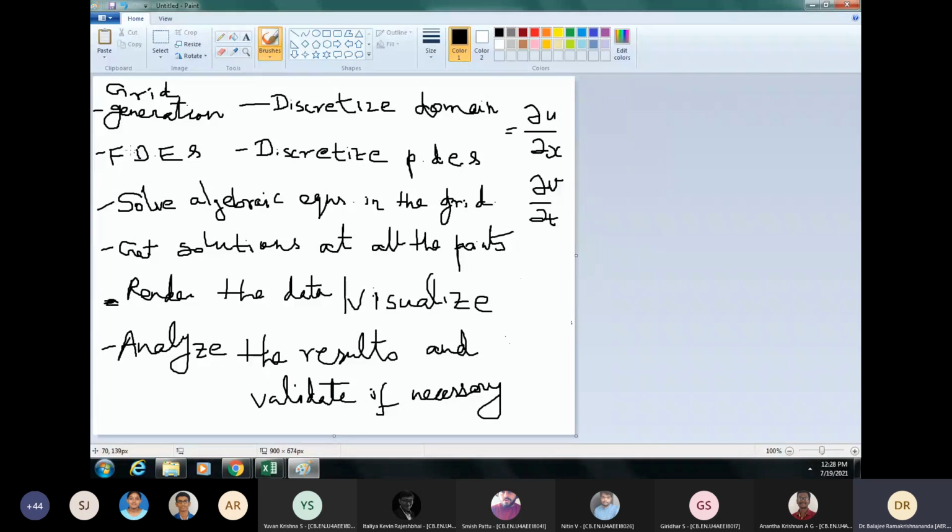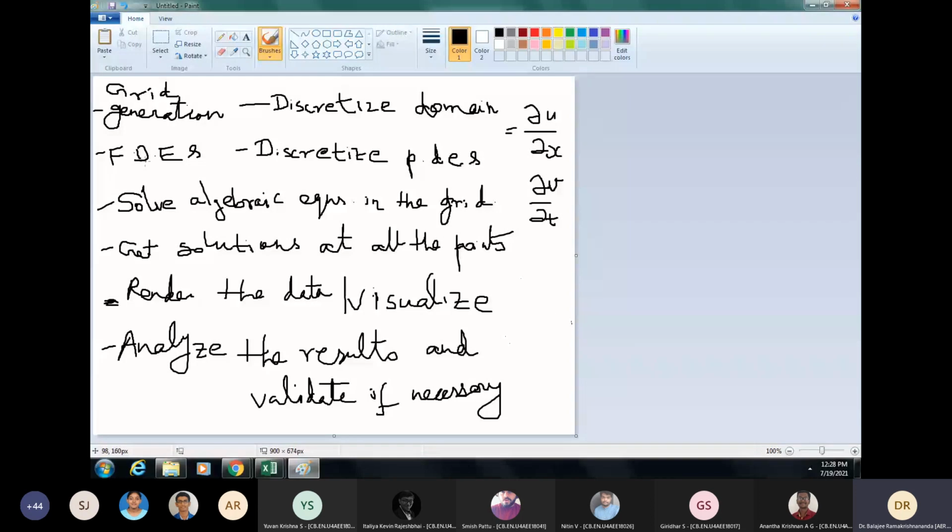So instead of solving the continuous PDEs in the continuous domain, we are solving an approximate representation of the PDEs, which is known as FDEs, finite difference equations. We are actually solving only these FDEs in CFD. We are not solving the PDE directly.